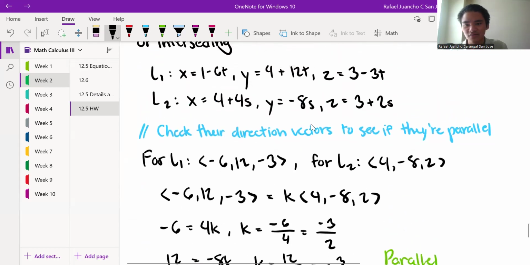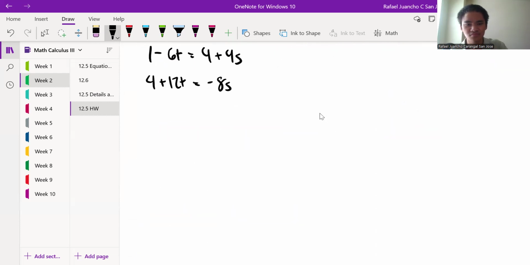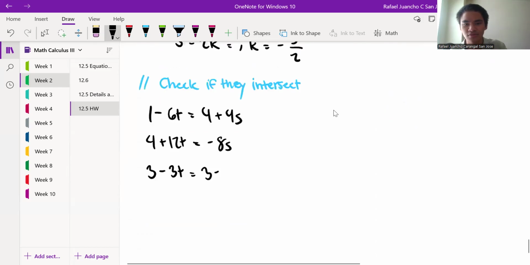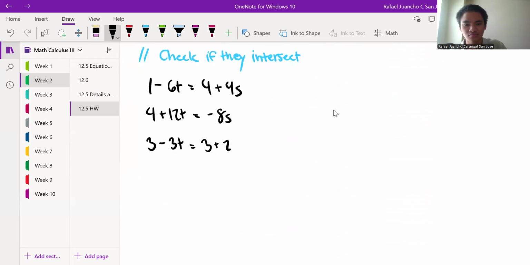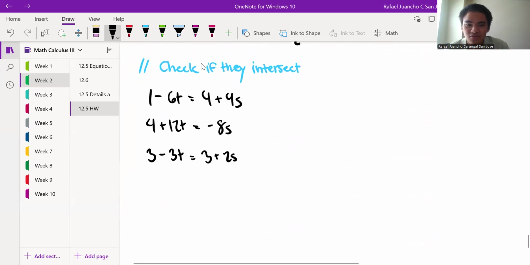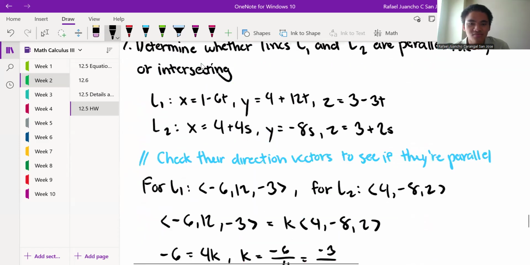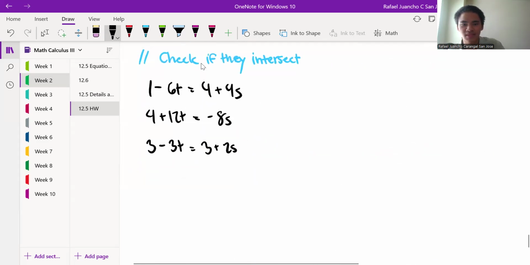And then we have 3 minus 3t is 3 plus 2s. Okay, and now what do we have here? Let's try one of them, right? So let's solve for t in the first one.